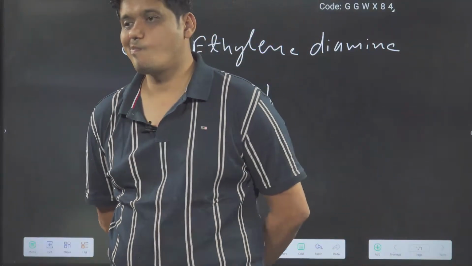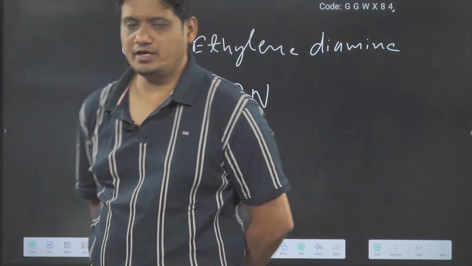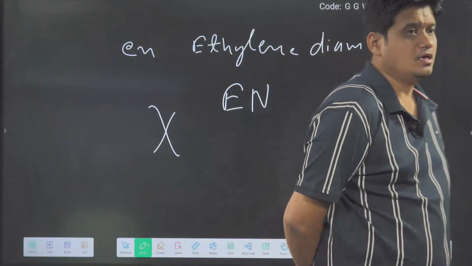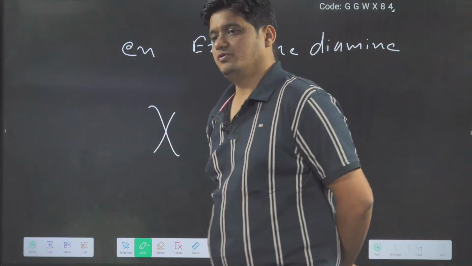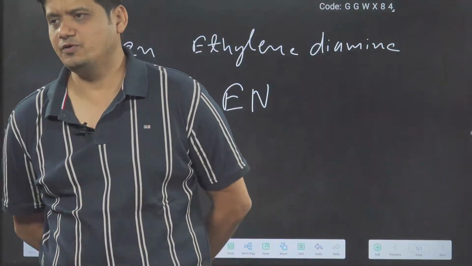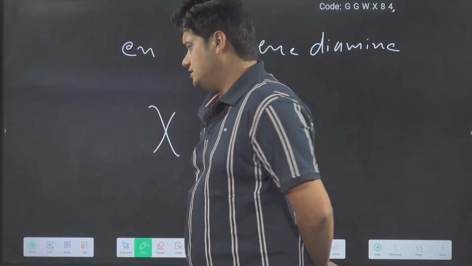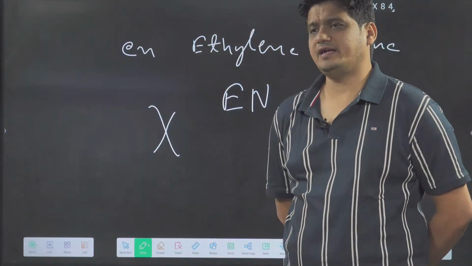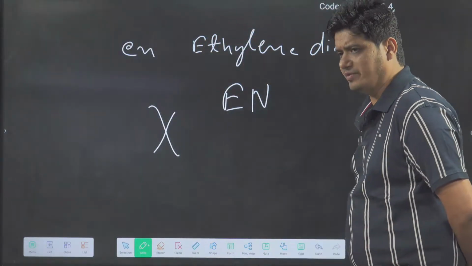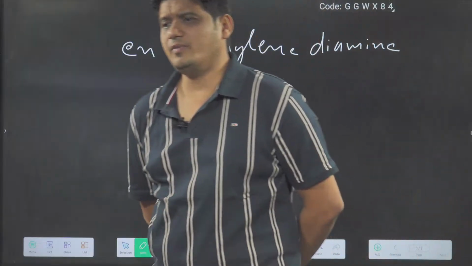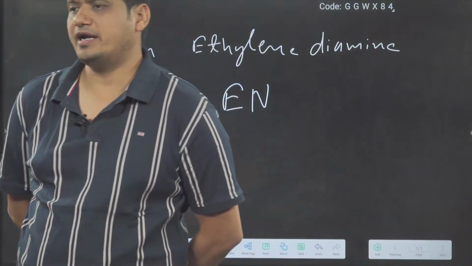Answer a few things before we start today's discussion. I want to know how much you learned from the previous lecture. Can I say that the En of an atom is affected by the atoms to which it is bonded?